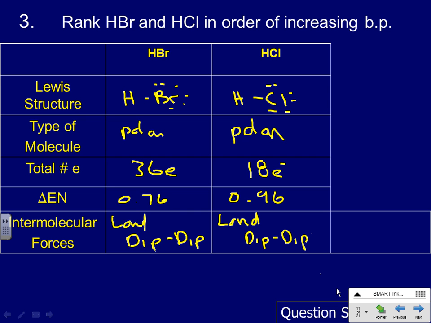So London forces can be just as strong as hydrogen bonds. So we can't just discount the London forces. So there's no way to predict whether the effect of the London forces will be greater than the effect of the dipole-dipole. So therefore, we cannot make a firm conclusion on this.